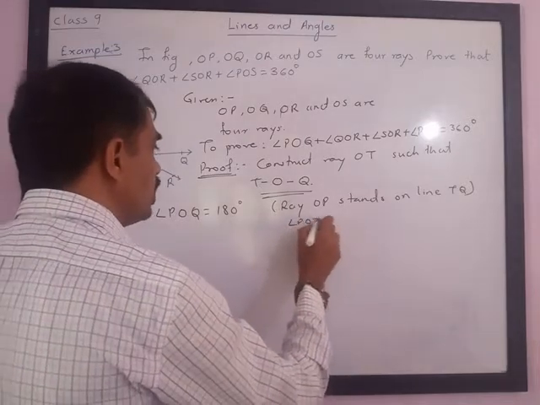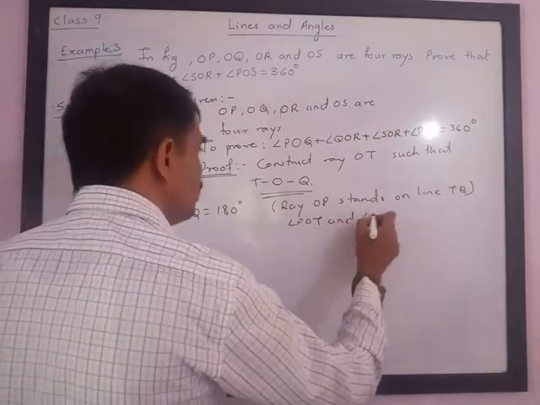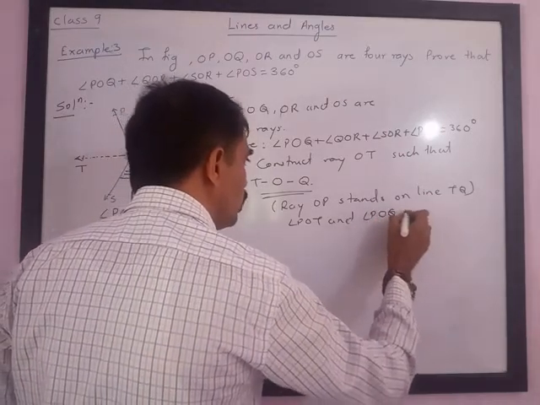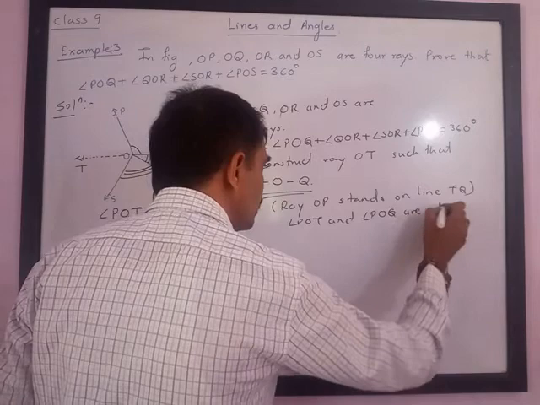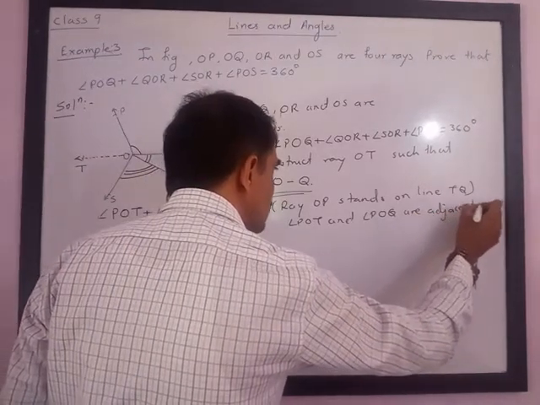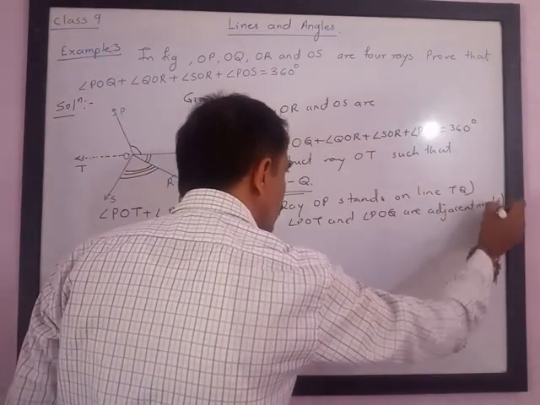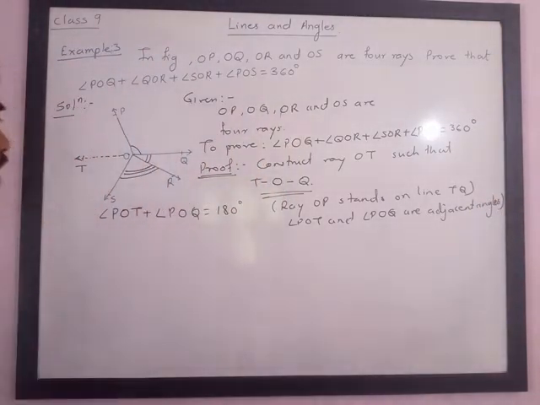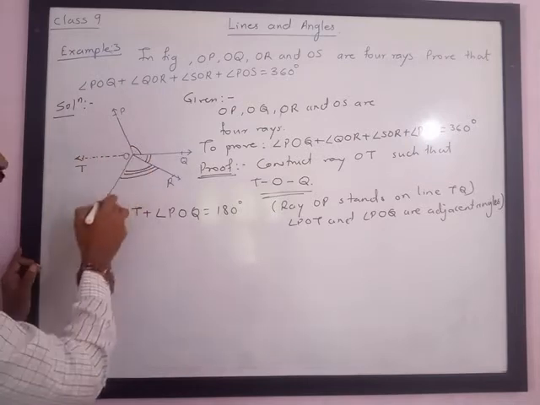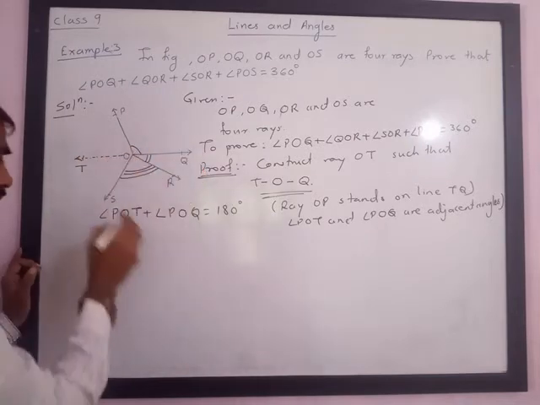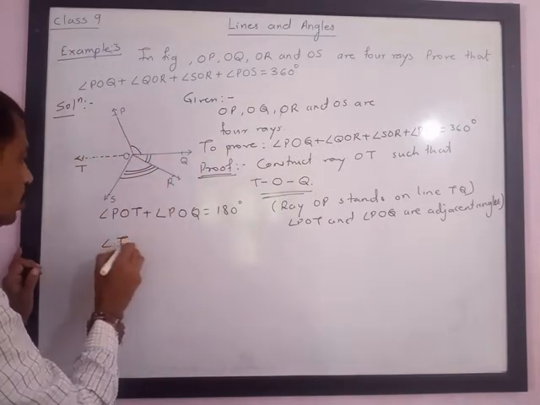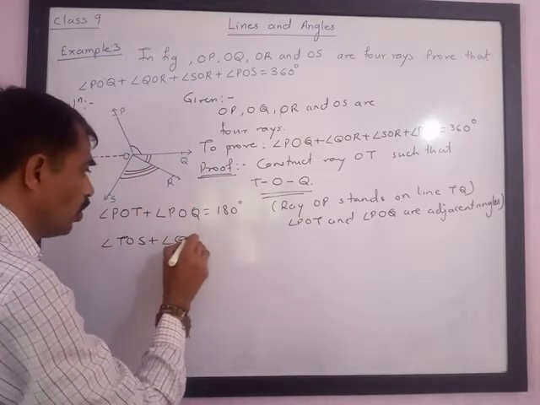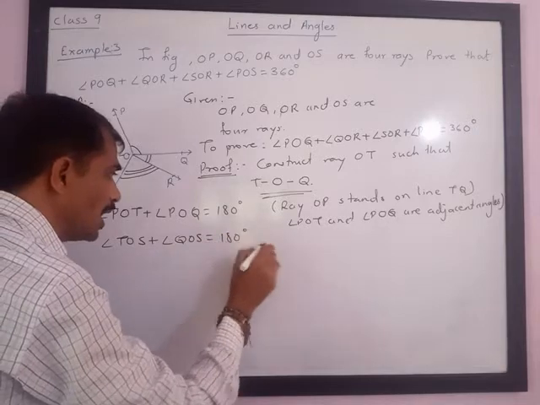Angle POT and angle POQ are adjacent angles, hence the sum is 180 degrees. Also, angle TOS plus angle QOS is also equal to 180 degrees.